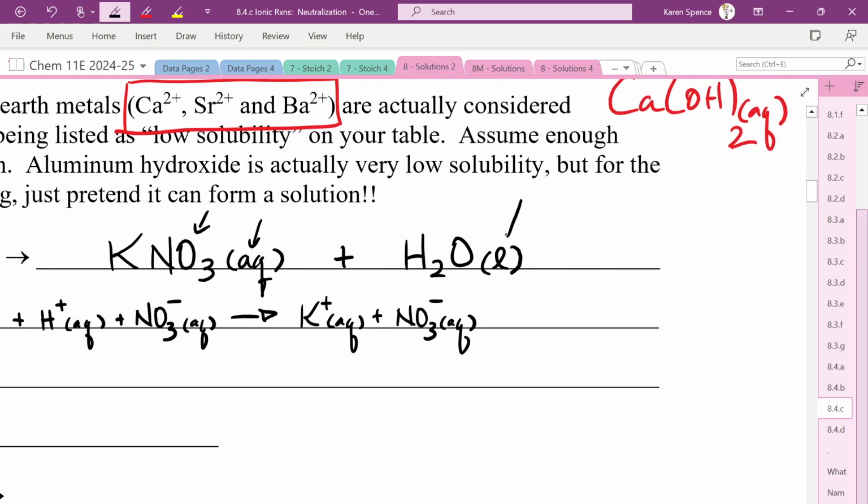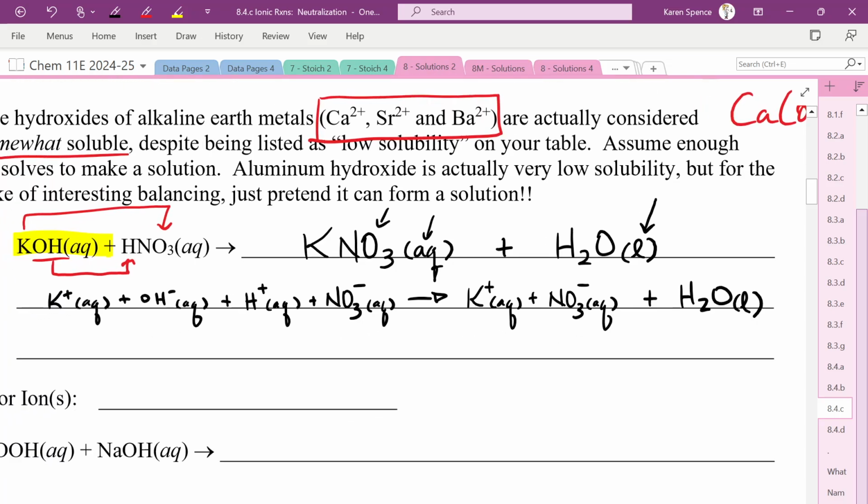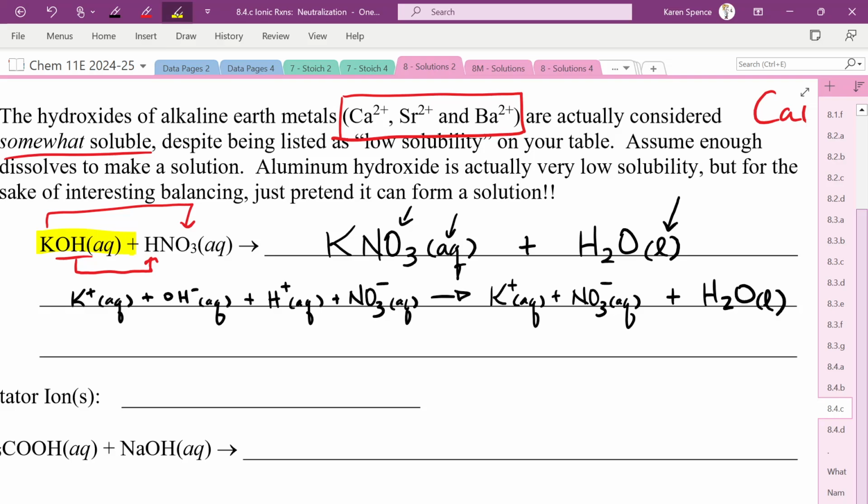What do we do with liquids? Leave them alone. H2O, liquid. Do we have any spectator ions? We have K plus, which does not change.